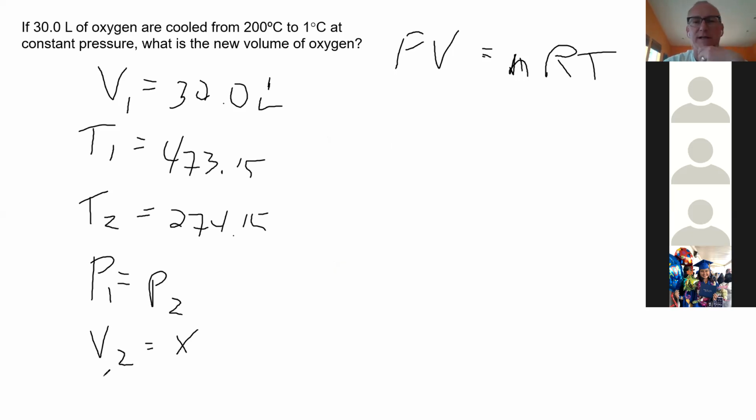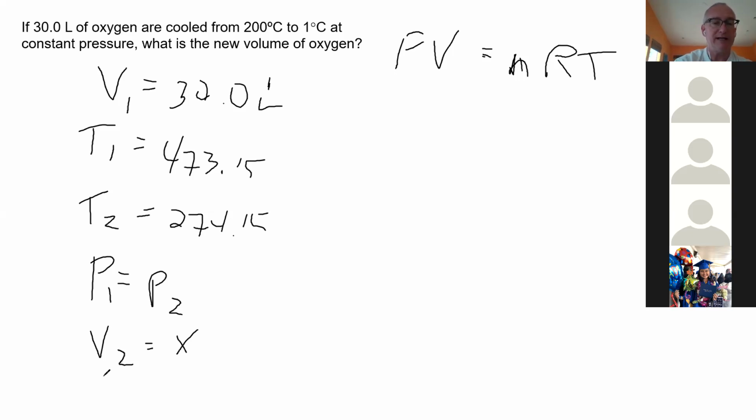And everything else is in units we can deal with, okay? So there's a couple of approaches we can use. We can just go right ahead and try to figure out what the new volume is based on what we know about the gas laws.